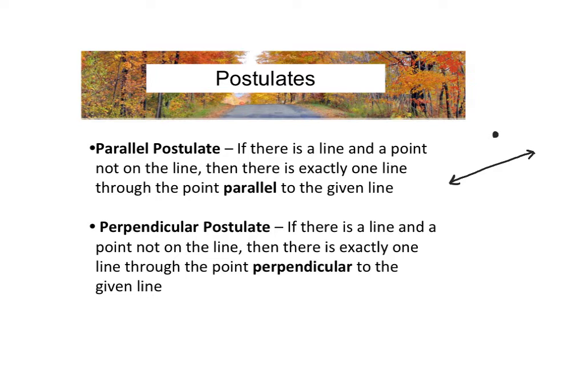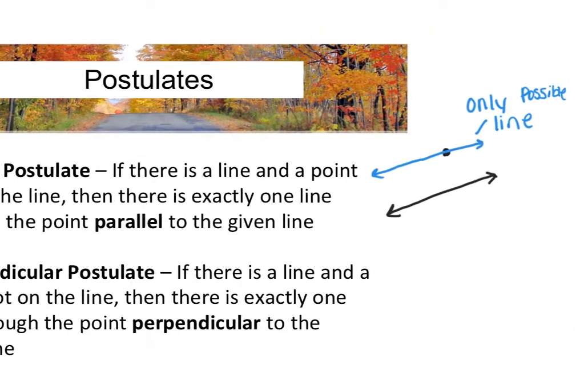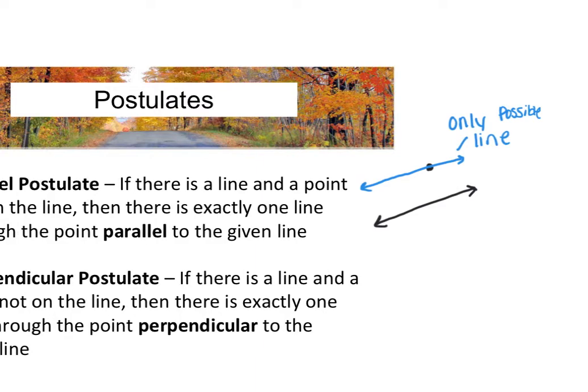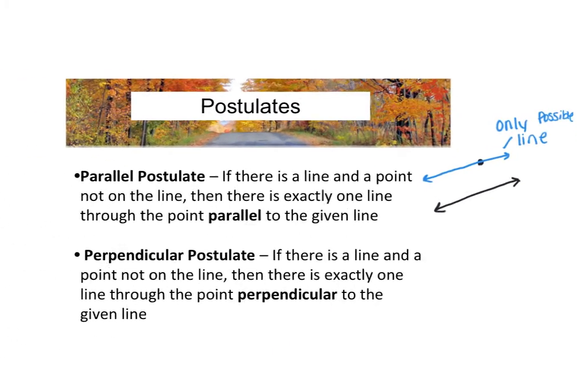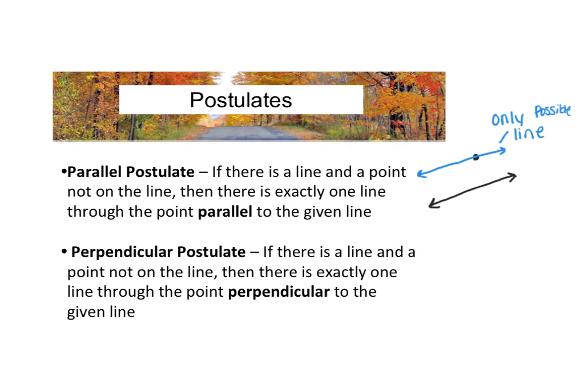So if we draw a line through this point and parallel to the original line, this is our only solution. Only possible line. There's only one possible line that can go through that point and also be parallel to this line.